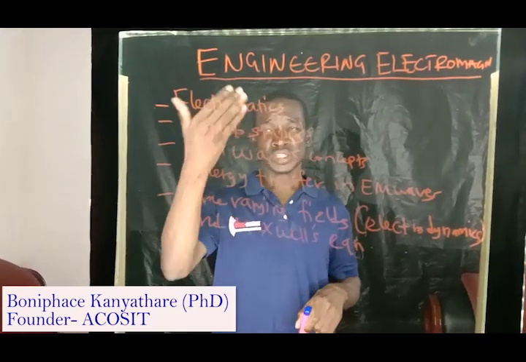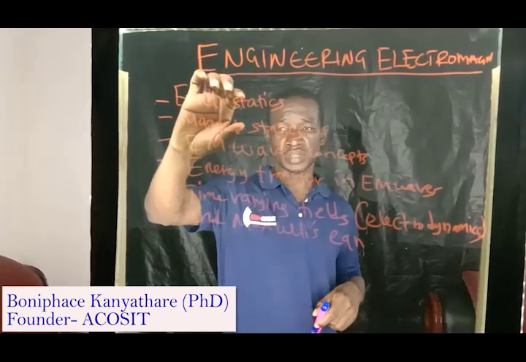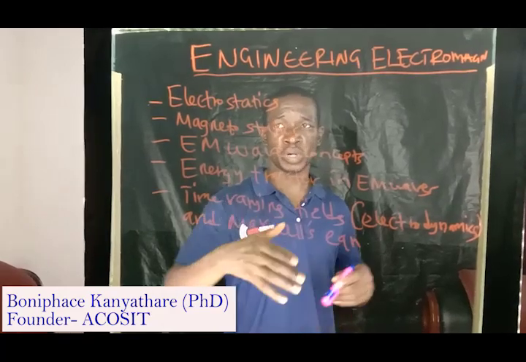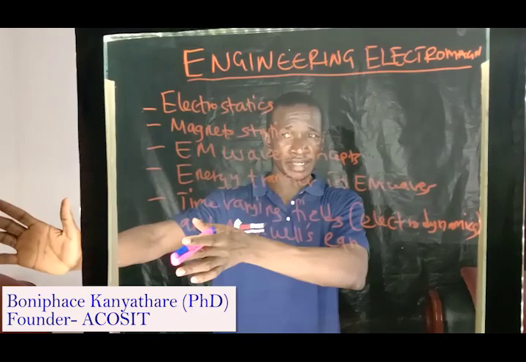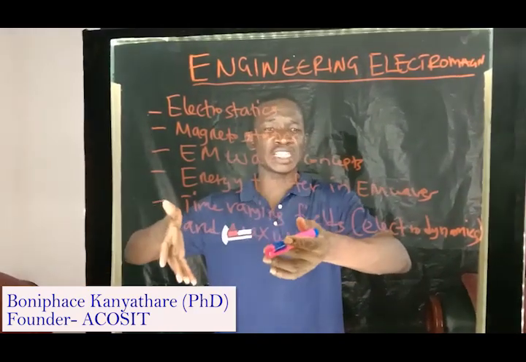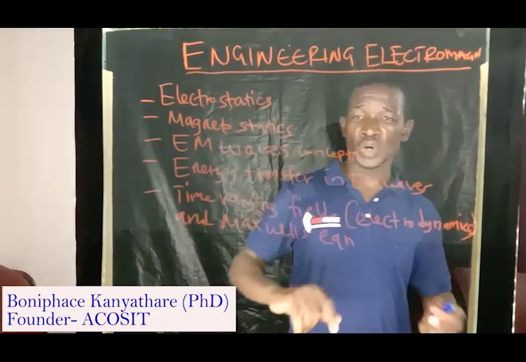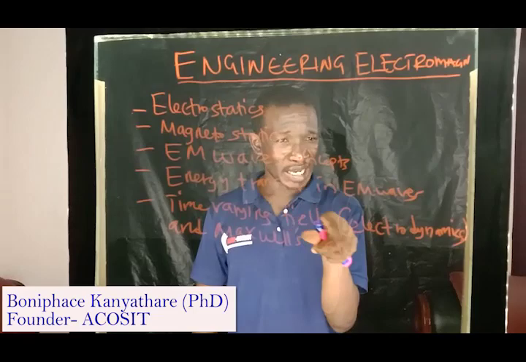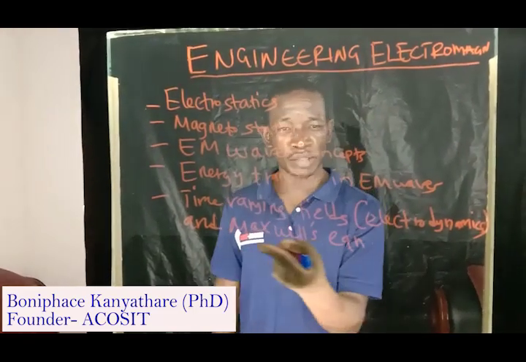Of course, we'll see through electrostatics and magnetostatics. When we go through these, it will actually help us to have the time varying fields, because when we know charges are stationary, or charges that are not mobile, and then we go to study charges, it will be easy to study charges in motion. And when we understand these, we can use time varying fields, dynamic or electrodynamic fields, to actually deduce or obtain Maxwell's equations.